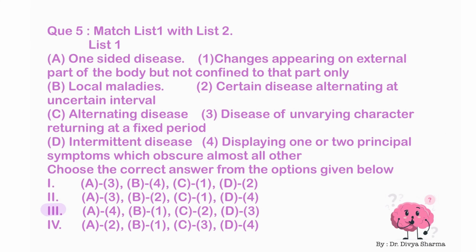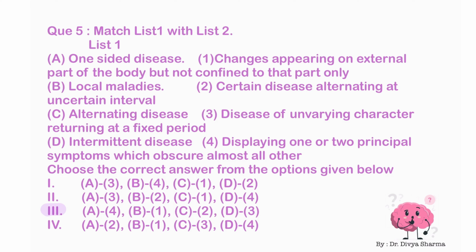Question number 5. Match list 1 with list 2. Now what is a one-sided disease? It is displaying one or two principal symptoms which obscure almost all others. What are local maladies? They are changes appearing on an external part of the body but not confined to that part only.